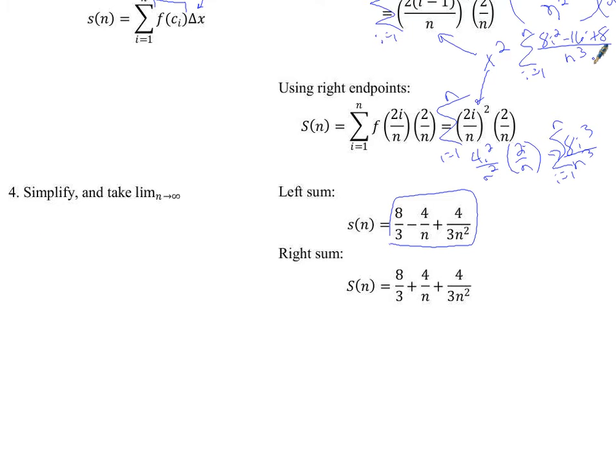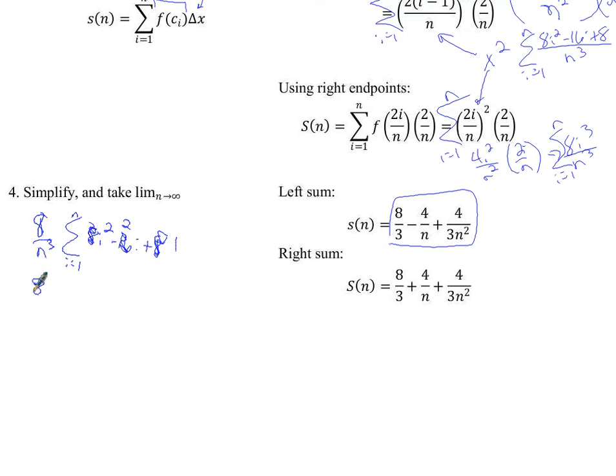One over n to the third, sum i equals 1 to n, 8i squared minus 16i plus 8. We can also factor the 8 out, that's right. So it's not just the n to the third, it's actually 8 over n to the third that we're going to factor out of here, which gives me 1i squared minus 2i plus 1.